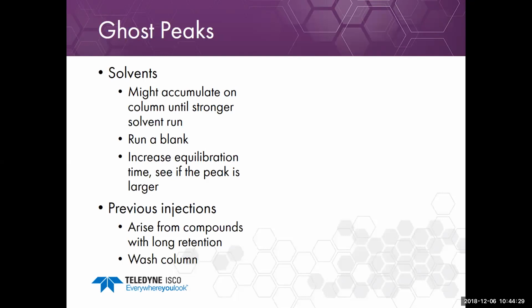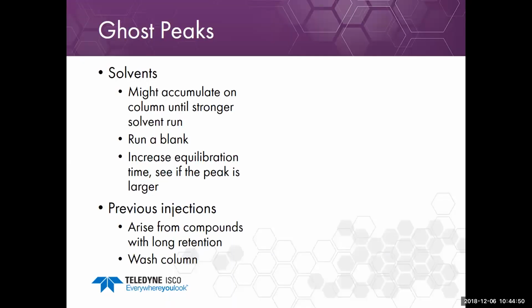Also, I mentioned earlier in the presentation, previous injections, compounds with very long retention, just wash the column and that helps to reduce that problem. So in any case, that's the end of my presentation, and I'm happy to take questions now.